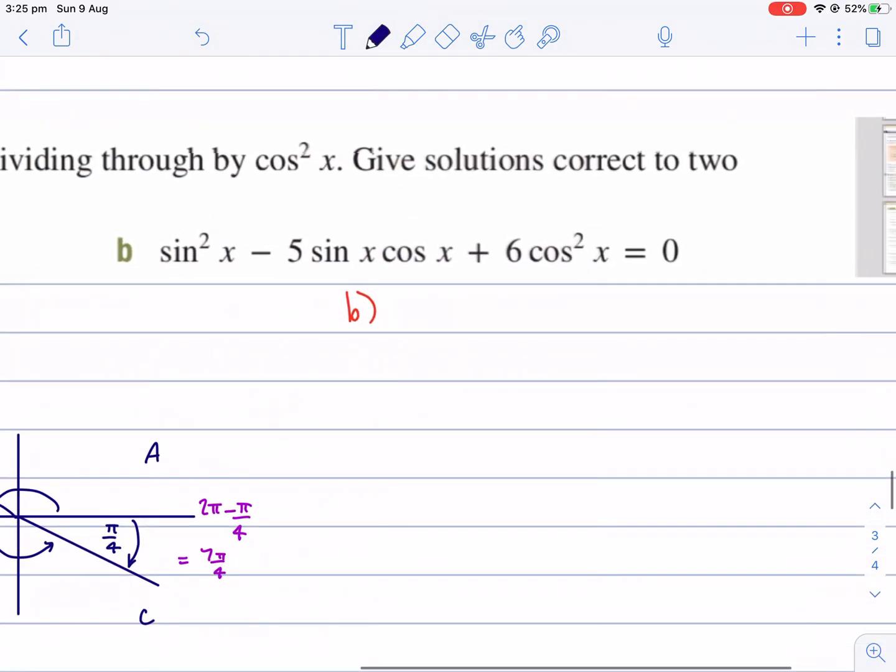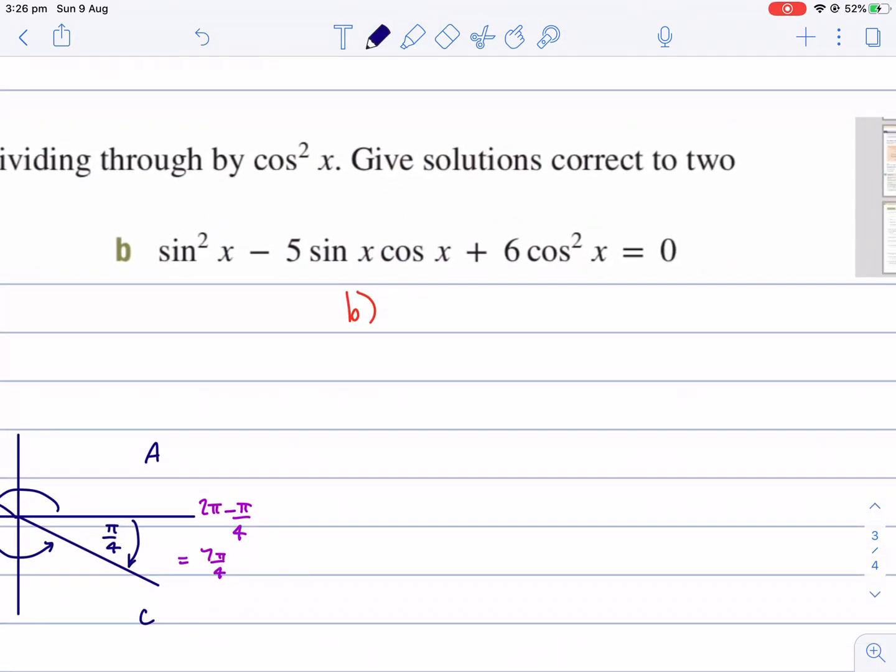So if we divide through by cos squared x, we've got sine squared x on cos squared x, take 5 sine x cos x on cos squared x, plus 6 cos squared x on cos squared x equals 0. We get tan squared, take 5.